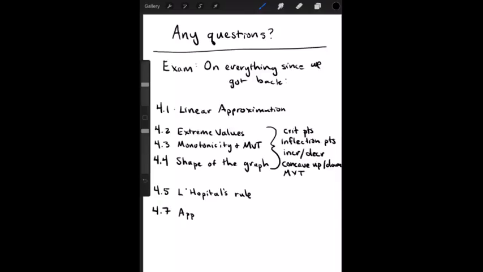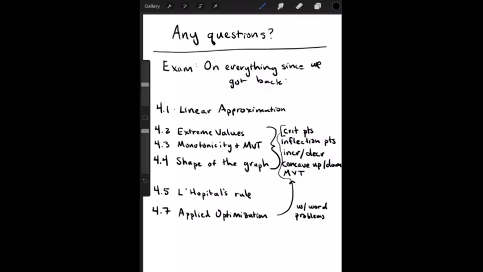4.7 was applied optimization. So it's that stuff with word problems, basically. And specifically, it's critical points.